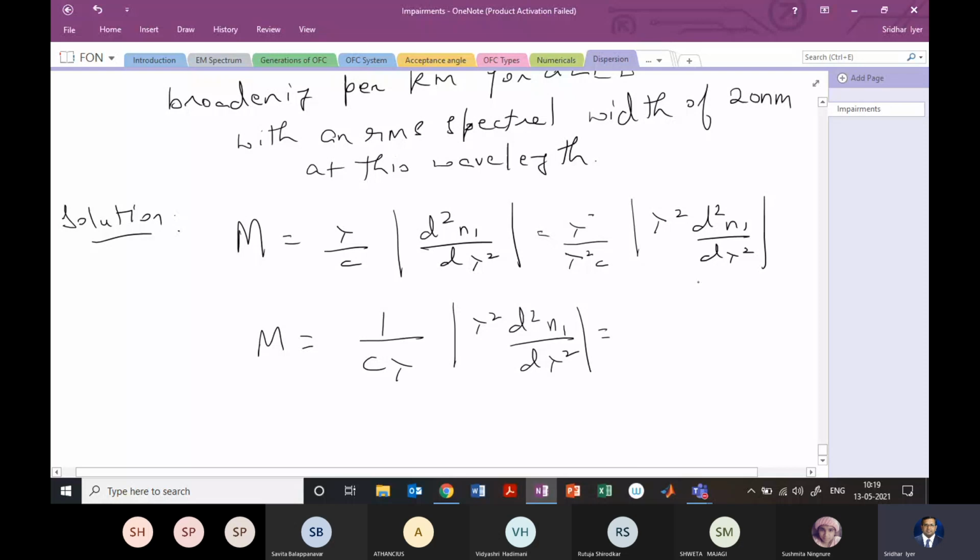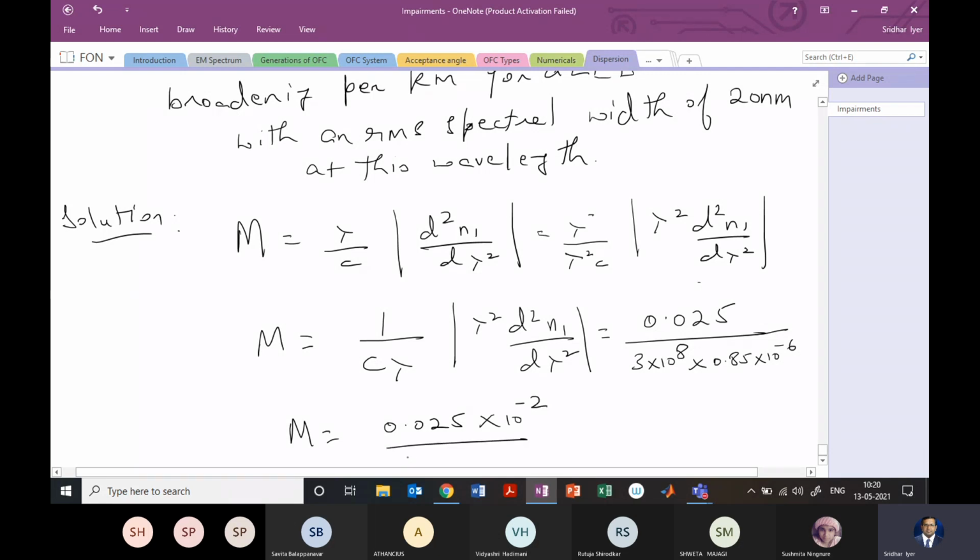That value in the modulus is 0.025 divided by c, which is 3 into 10 raised to 8, into lambda. Lambda is given to us as 0.85 micrometer, so you'll have 0.85 into 10 raised to negative 6. Right? So therefore M will be 0.025. There will be a 10 raised to 2 left in the denominator, so I'll get it in the numerator, 10 raised to negative 2 divided by 3 into 0.85.